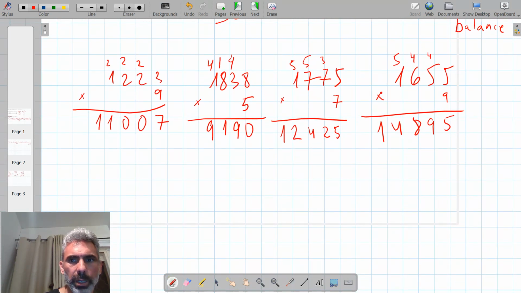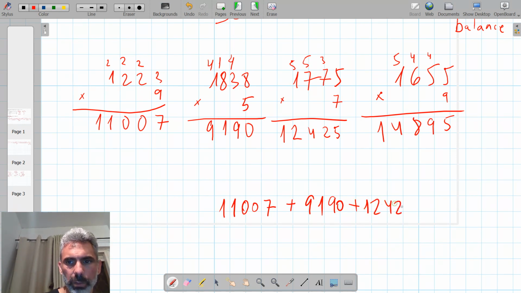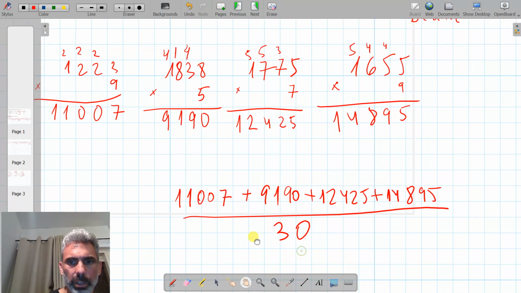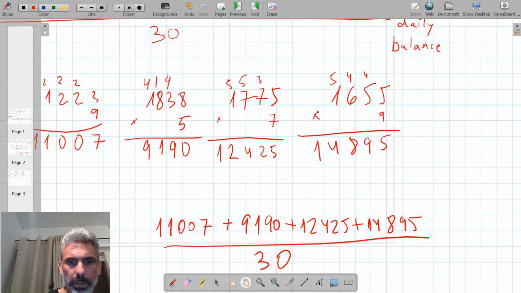So when I combine these sums, 11,007 plus 9,190 plus 12,425 plus 14,895, and I divide it by 30, then I will get my average daily balance.